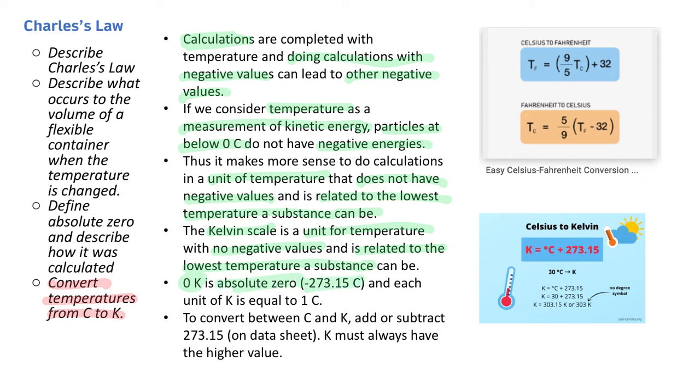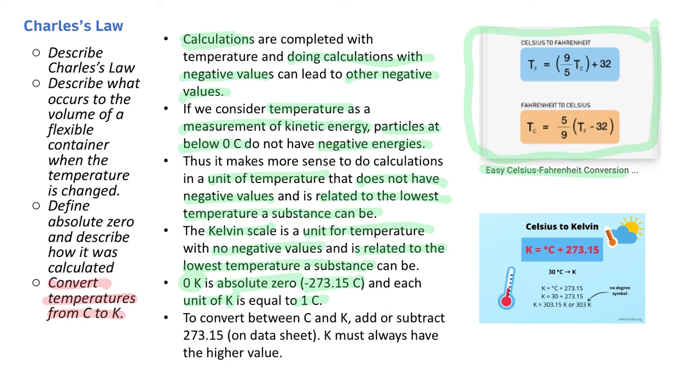And to make it easier, because degrees Celsius was so convenient, each unit of K, or 1 Kelvin, is equal to 1 degree Celsius. They were like, screw Fahrenheit, because look at the difficulty of converting between Celsius and Fahrenheit, involving 5/9 of something.